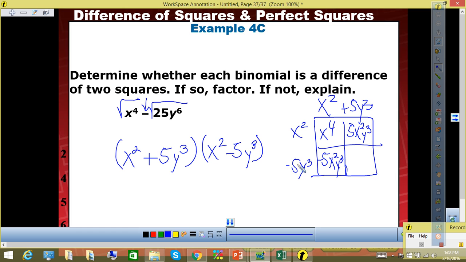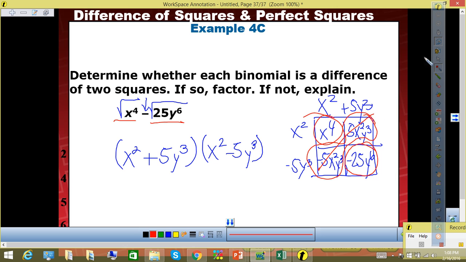Negative 5 times positive 5, that's negative 25y to the 6th. So let's see. Do we have an x to the 4th? Yes. Do we have a negative 25y to the 6th? Yes. What happens to these? They cancel out. And that's why we end up with a binomial. If you multiply these out, yes.